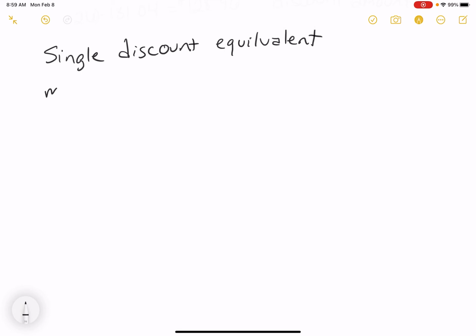So, method 1, the percent method. Okay, to find the single discount equivalent for a series discount of 20%, 10%, and 10%, follow these steps. You take the list percent, which is always 100%.